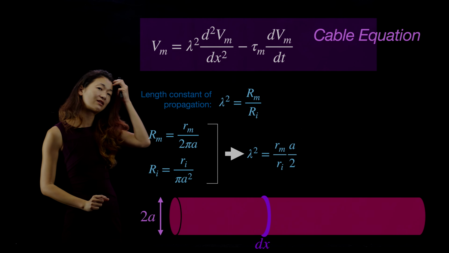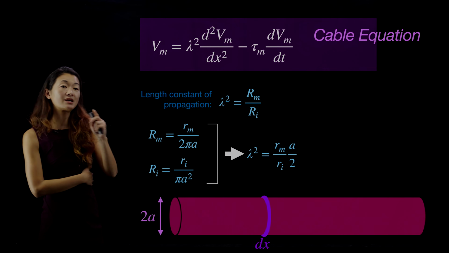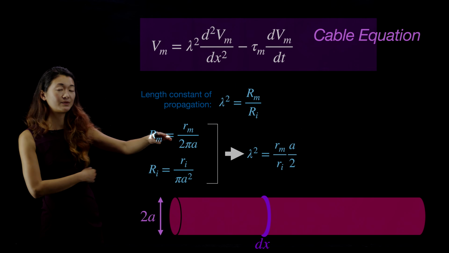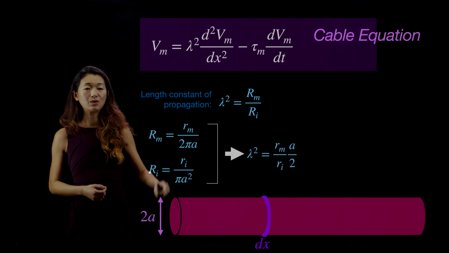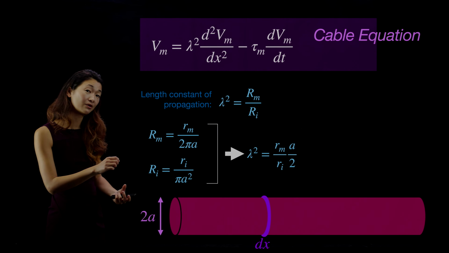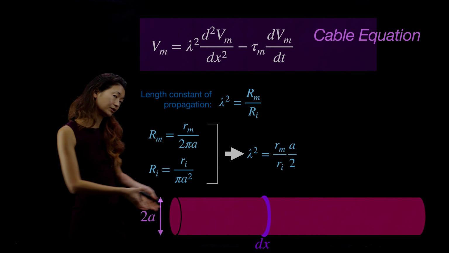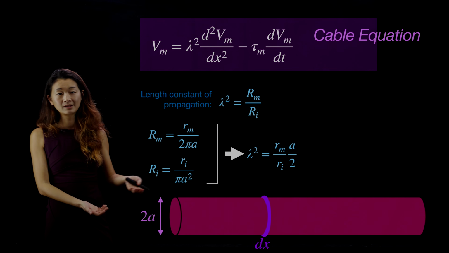So if we express it this way, you'll see a really interesting relationship start to emerge here, because the membrane resistance is going to be the resistance of each patch of it divided by 2 pi a, where a is the radius of this cable. Remember now, instead of having a sphere that is completely symmetrical, we have a cell that is cylindrical. So the cylinder can have different radii. It could be bigger, it could be smaller.